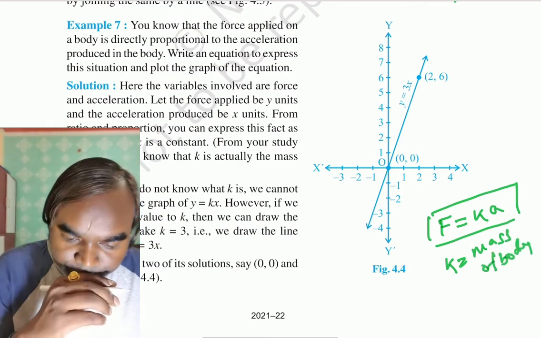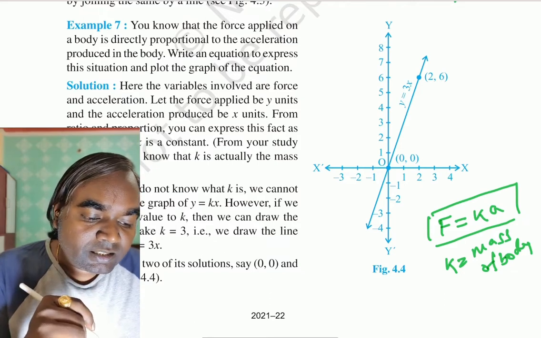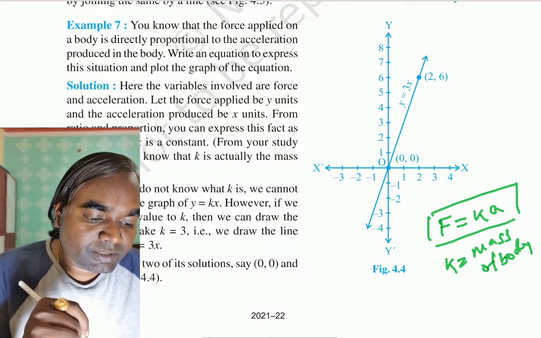You have to represent this equation by a graph. How can you represent this?